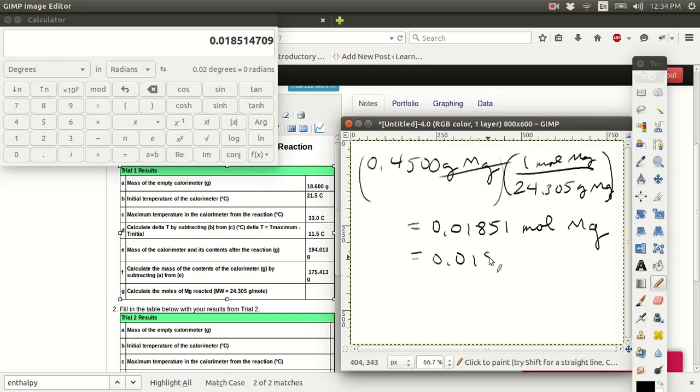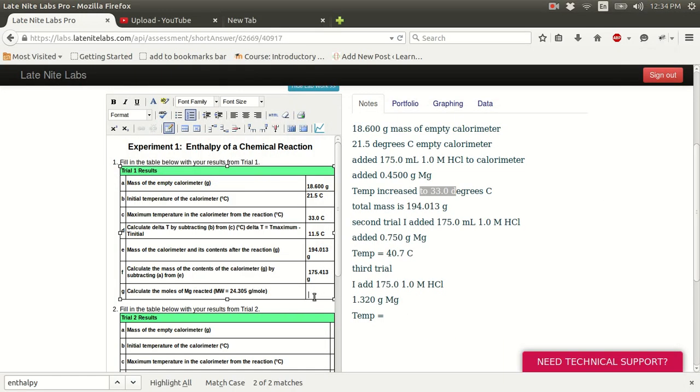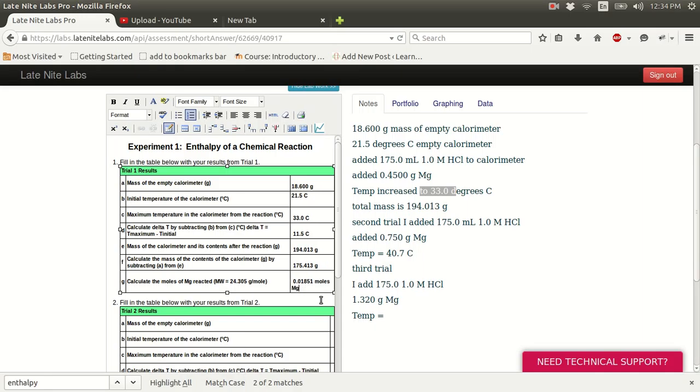May I recommend something at least 3? It will help you to get accurate calculations later if you use this same number later. So I'm putting the number of moles here. All right, now that was for trial 1.